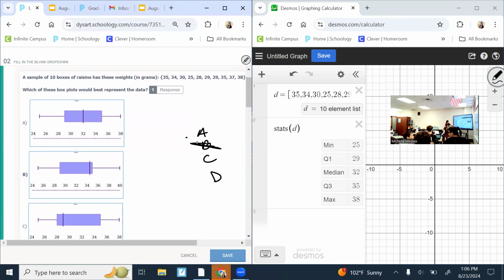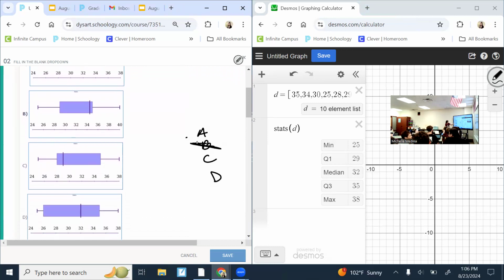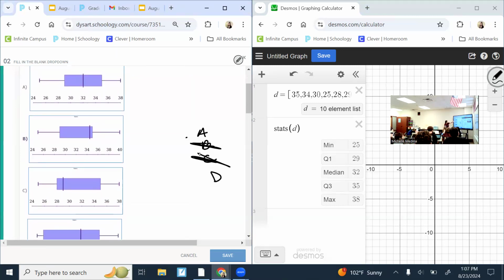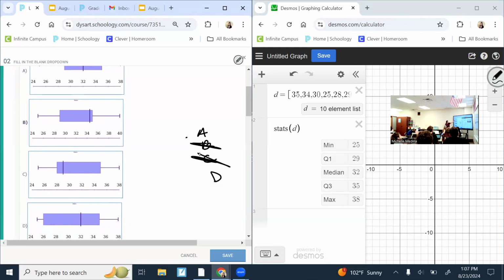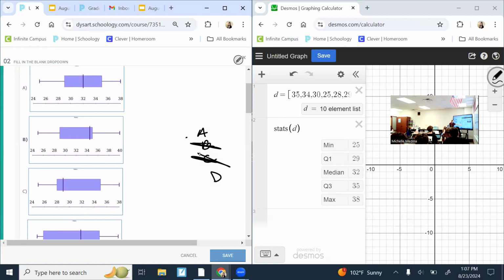It's on 35 or something. Is this on 32? So you can eliminate C. B is on 32, but now I have a 50-50 chance. So see what's different between this one and A. So definitely the quartiles are different, the edges of the box. Does this data best match A? So A is the answer.